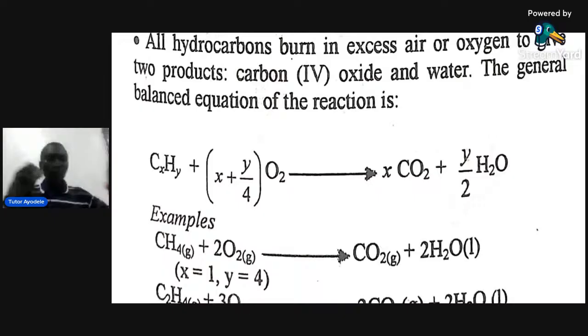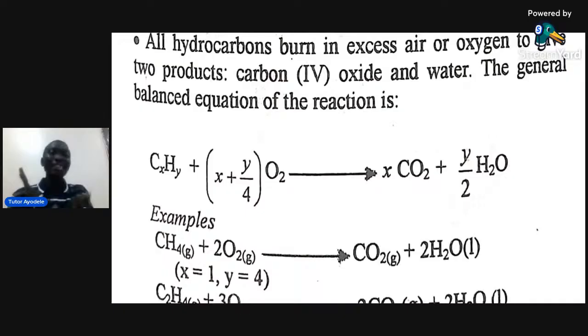To balance the reaction. Now, this is the general formula. If an alkane burns, this is the formula you use. If it is petrol, diesel, kerosene, or any fuel or gas that burns, this is the same formula you use to balance the reaction. All these are just examples.